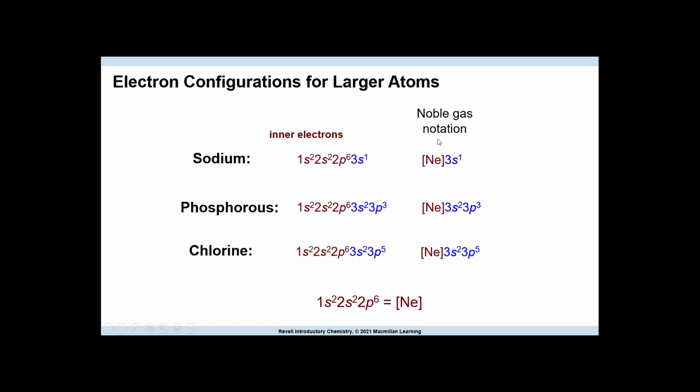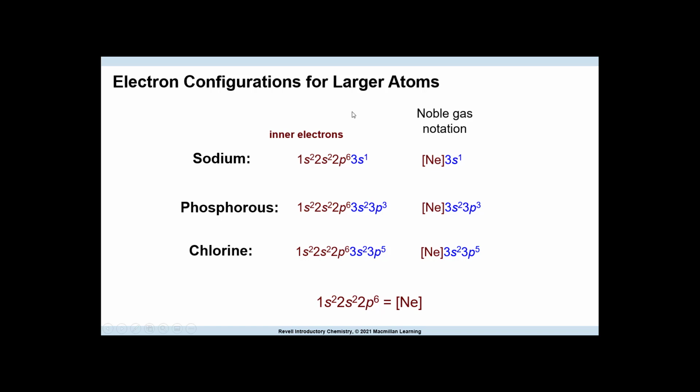Your book calls it noble gas notation. In other places they call it just abbreviated electron configuration. So instead of writing all this out, you can write this because this represents this whole configuration, and then whatever is extra, which is the valence shells, you write on the outside.